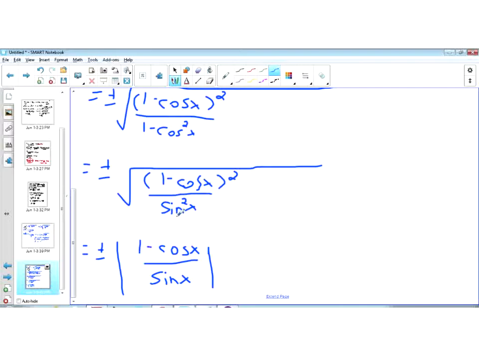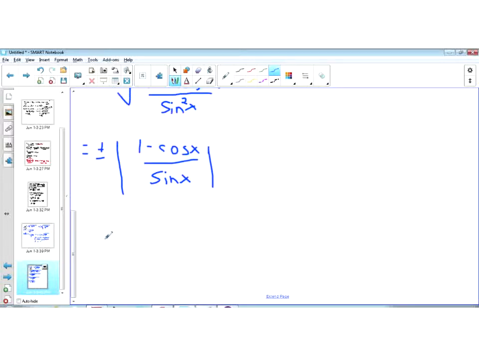Now it turns out that the tangent of x over 2 has the same sign as the sine of x.